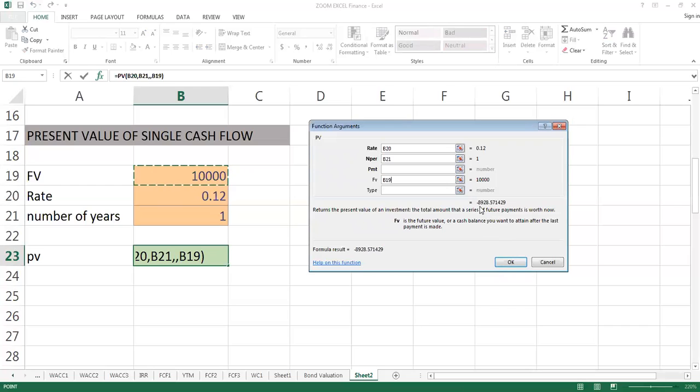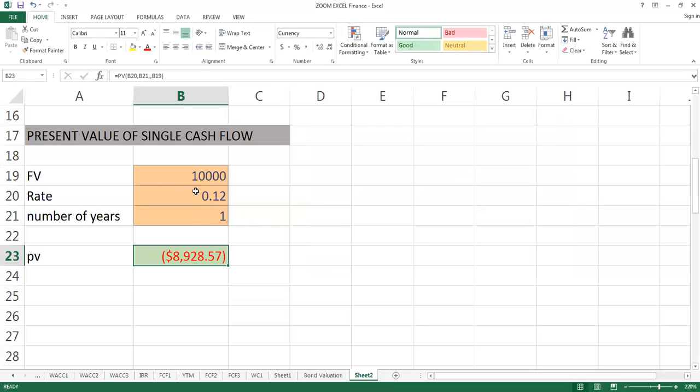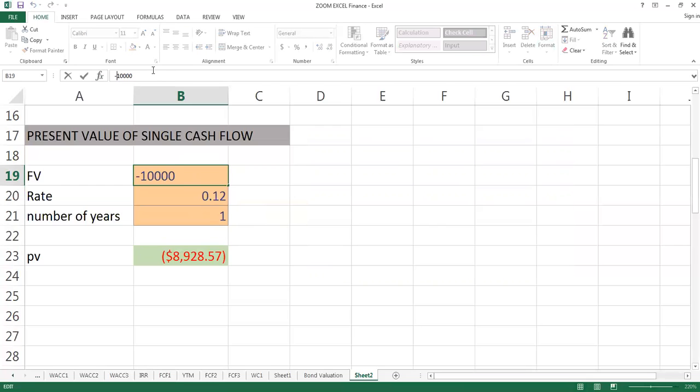Again, see, the answer is appearing in negative. If you are not interested in negative, I think that you understand how we can remove this sign. It means that if I will have 10,000 after 1 year at this rate, then what would be its present value? If you're not interested in negative amount, then keep it negative, your answer will change to positive.